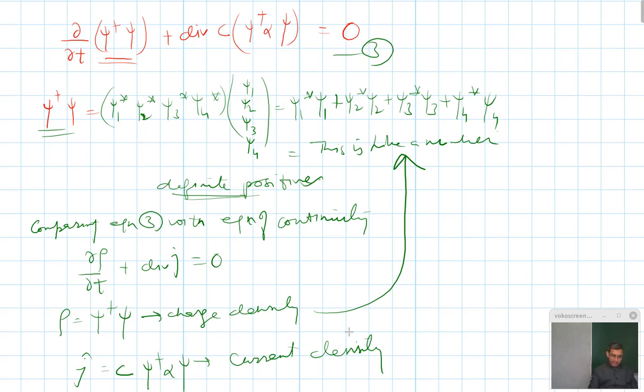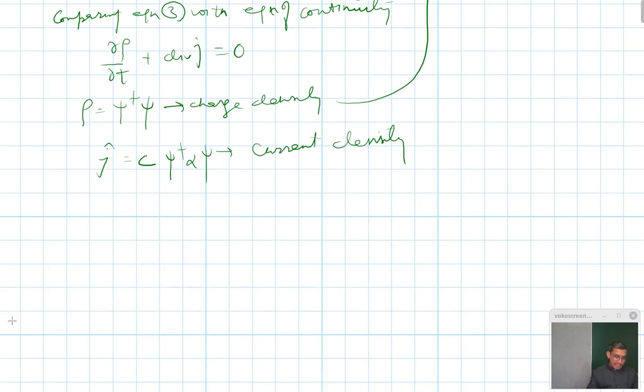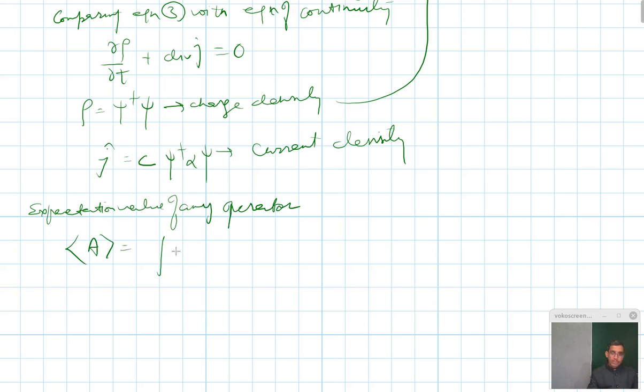Thus we have evaluated the charge density and current density, and the problem of negative energy and negative charge density has been sorted out using this Dirac formulation, whereas this rho may be negative in the Klein-Gordon equation, right? So this is the advantage of using this. And similarly we can also evaluate the expectation value of any operator. The expectation value of any operator can be written as psi dagger A psi d cube x.